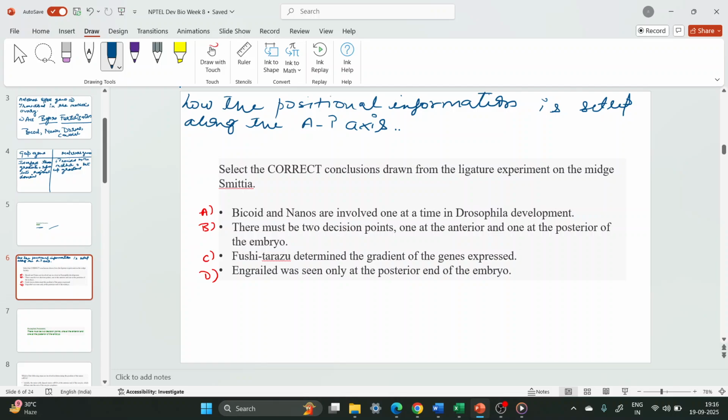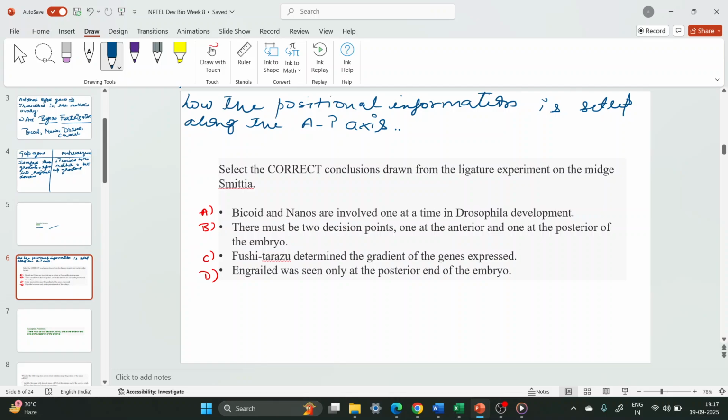That means both the anterior and the posterior ends independently contribute to organizing the signals. This was the first major finding. Second, because there are two independent organizing signals, there are two decision points, that is, organizers, one at the anterior and one at the posterior.